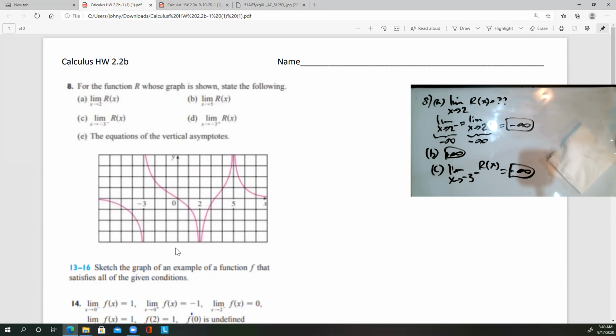What about D? What's my limit as x approaches negative 3 from the right? Okay, so as it approaches negative 3 from the right, it's going towards positive infinity. So part D is going to be positive infinity. Oh, by the way, let's do a little something.